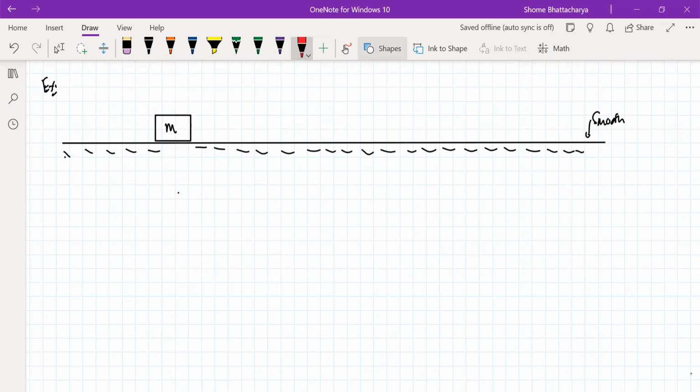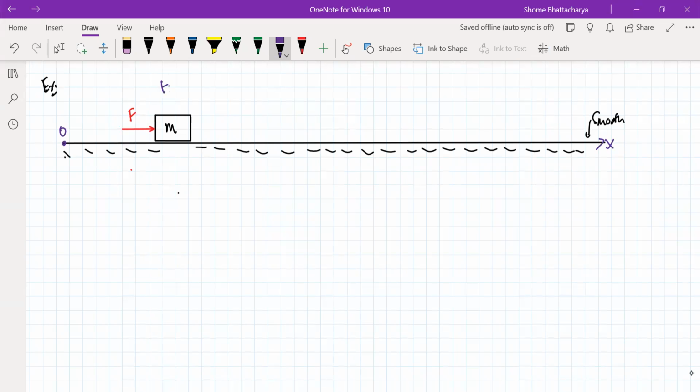Now we start pushing it with a force like this, which is a variable force. So now let us say this is our x-axis, and this point is our origin.